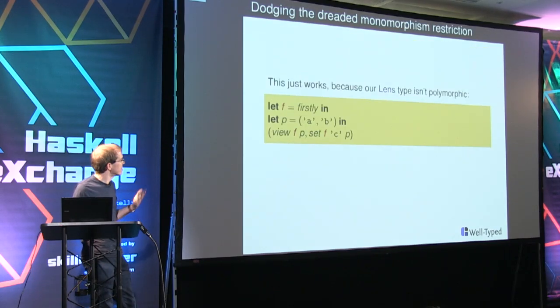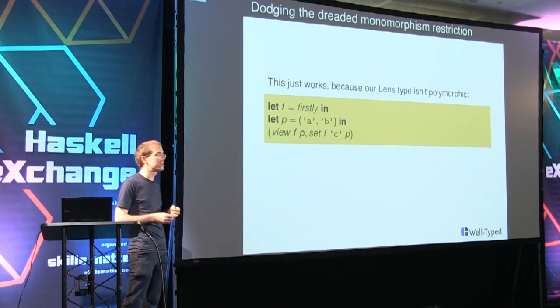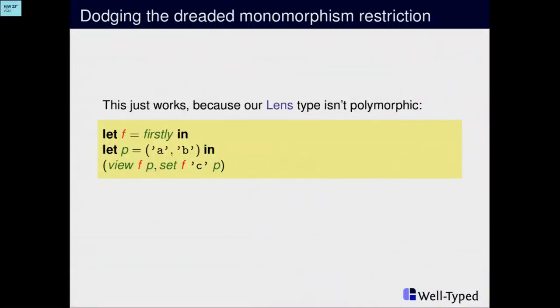And the monomorphism restriction example just works because no longer is a lens secretly a polymorphic thing that gets specialized by the monomorphism restriction in ways that could be confusing. If we locally make a definition for a lens, then it's a lens because that's what the type says it is.